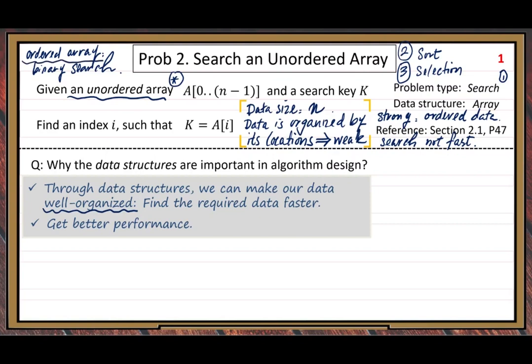Many people, when they apply binary search, don't look at what kind of data they have. They just apply it. That's quite common. So many people apply the binary search on unordered data, and the result, you can imagine, is ridiculous. Make sure before you apply the binary search, you check if the data is ordered. That is very important. All right, so let's continue.